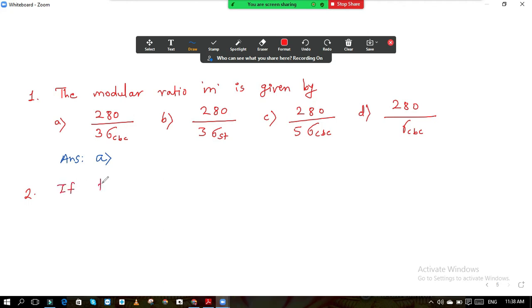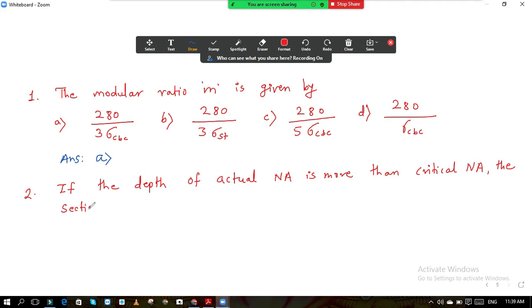If the depth of actual neutral axis is more than the critical neutral axis, the section is, okay.